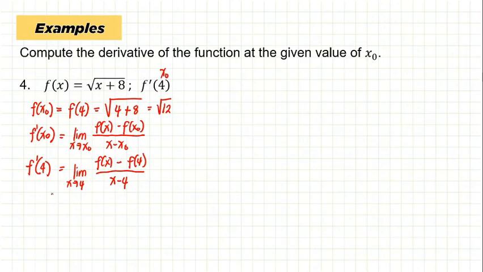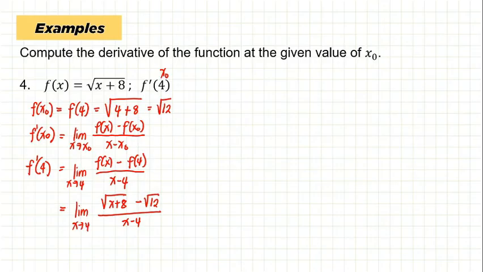So from that, f of x is square root of x plus 8, minus f of 4, which is square root of 12. So we have square root of 12 all over x minus 4 as x approaches 4.